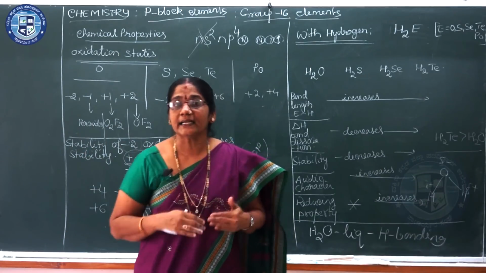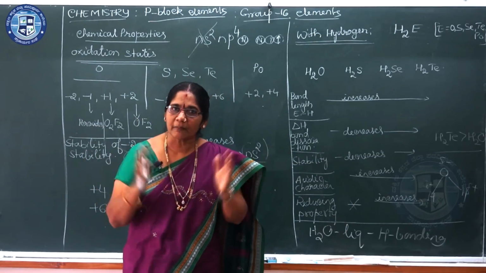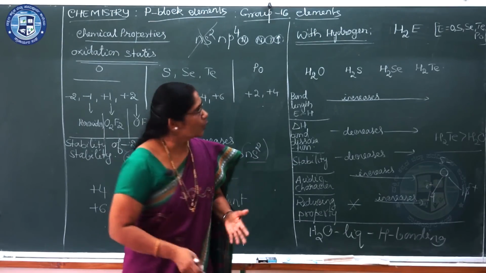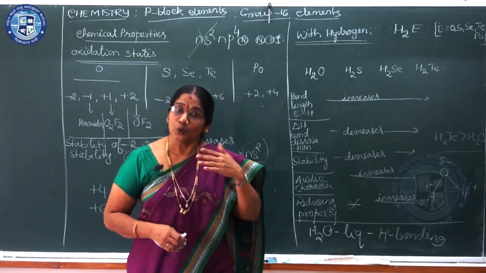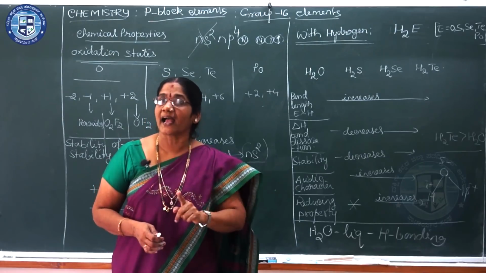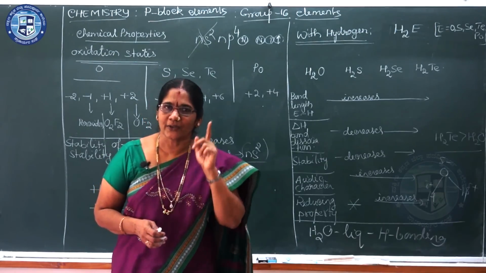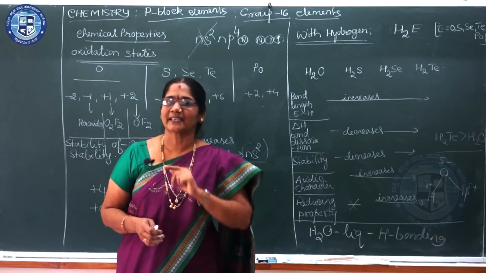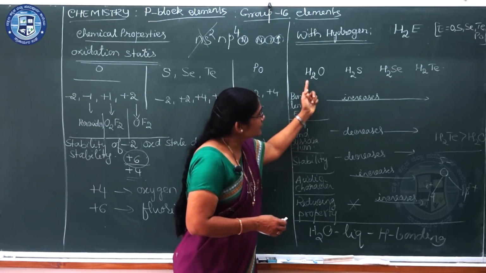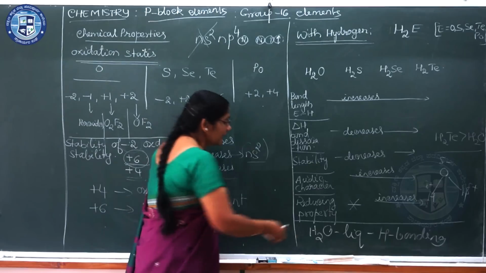This is called intermolecular hydrogen bonding, due to which the water molecules come nearer and therefore their boiling point increases. If there was no hydrogen bonding, imagine H2O would be a gas, not a liquid. Imagine what the situation would be if H2O was a gas in nature. Now H2O molecules associate themselves and therefore the boiling point is higher.